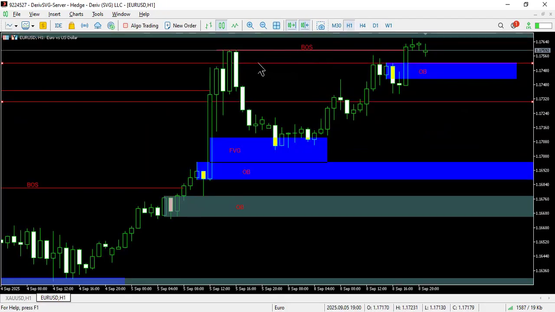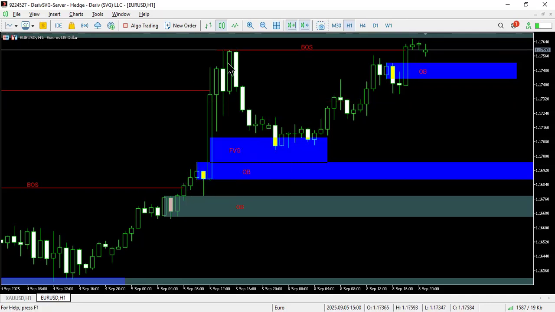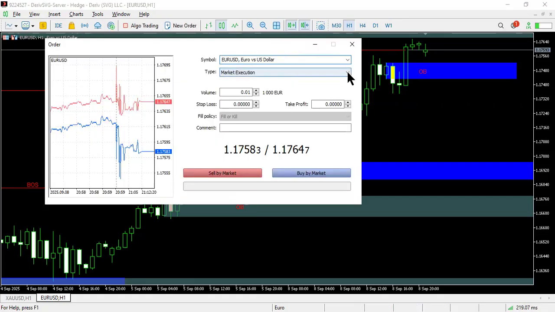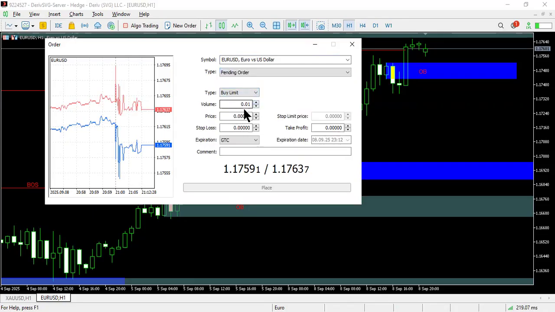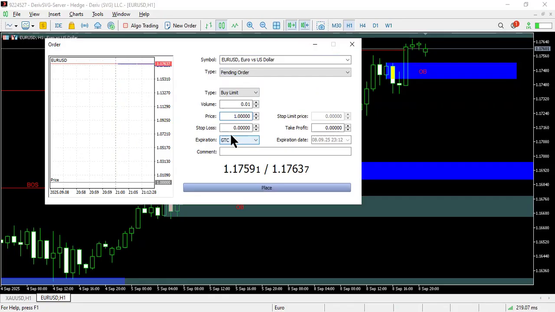And then let us place our buy limit on EURUSD. New order, pending order. Pending order is going to be a buy limit. And then the volume I'm going to use 0.01. Entry price is going to be at 1.17520.